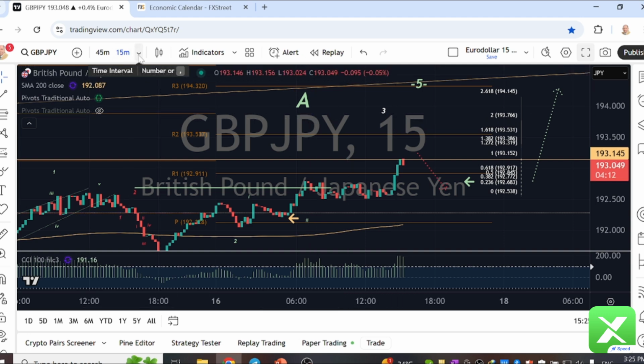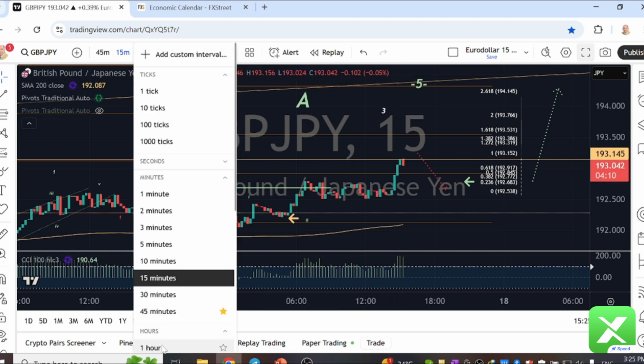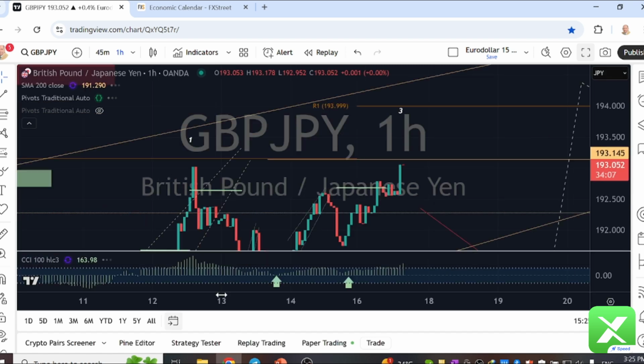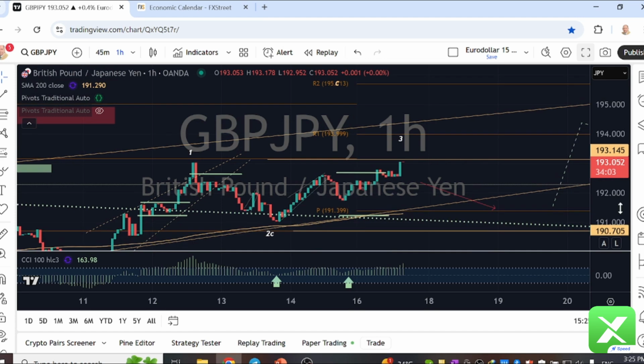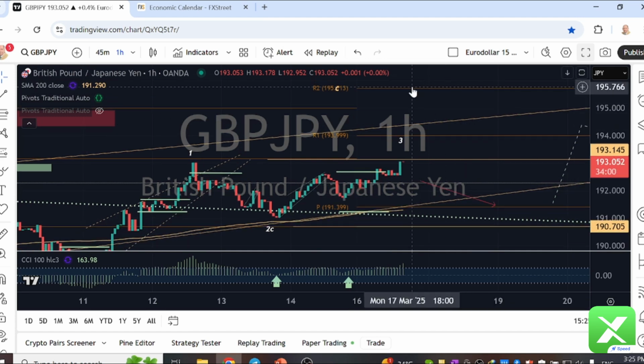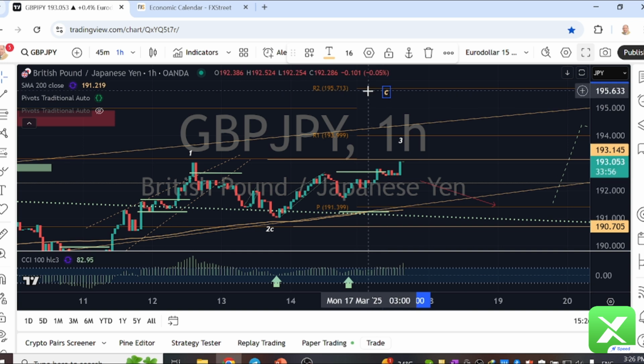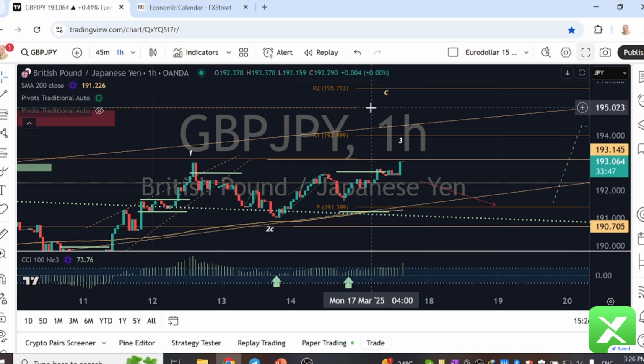Targets this week are, of course, resistance 1 on the hourly, probably 194. Can we get resistance 2 on the hourly? Technically possible, 195.70, 195.50. But it depends really on the meeting by the Bank of England, how hawkish that is, and of course how dovish the Bank of Japan also is.